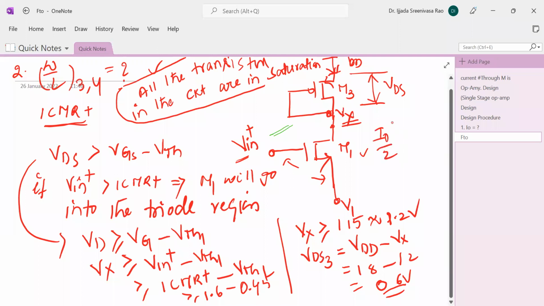What is I naught you got? 50 microamperes. 50 microamperes by 2 is equal to 25 microamperes. This is the current flowing in I3 and I1, both are the same currents. Got my point? The current in M3 and M1 is 25 microamperes.